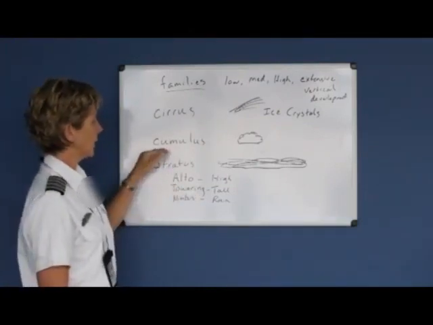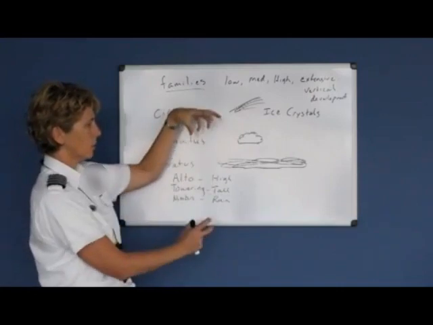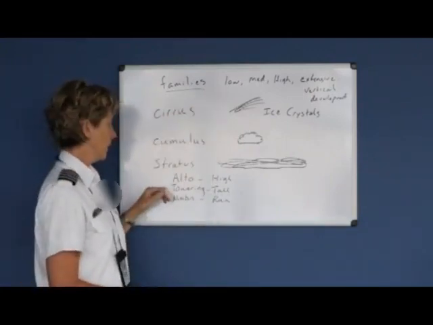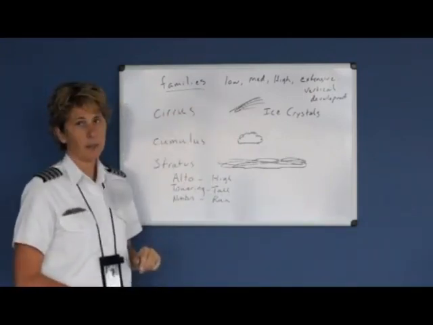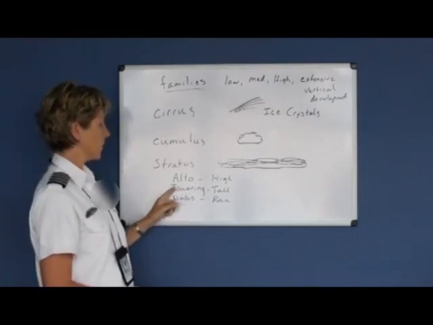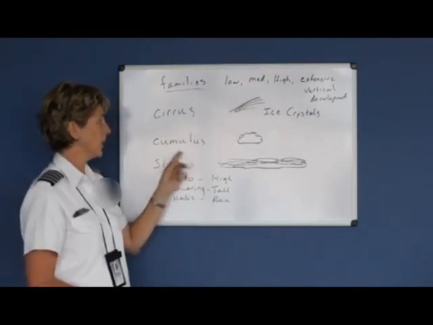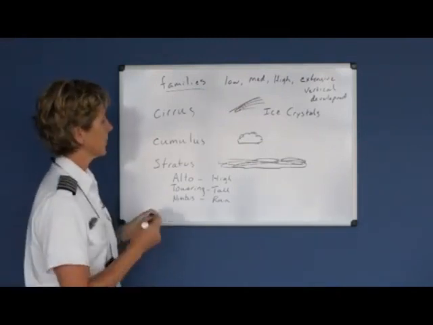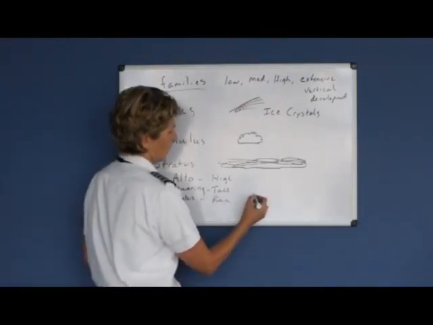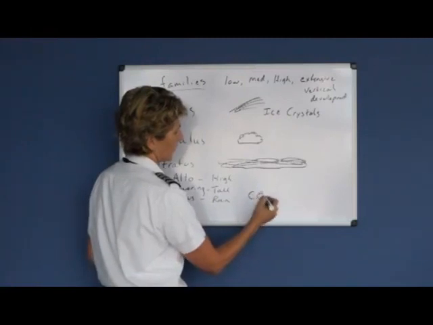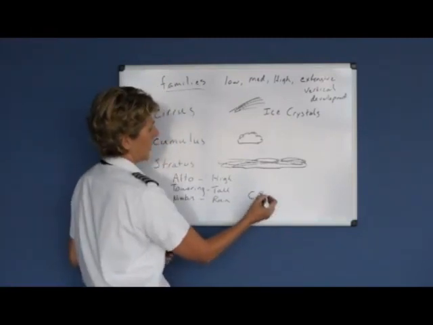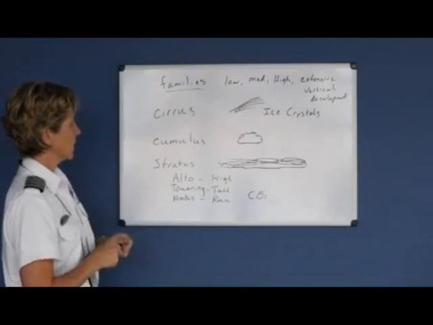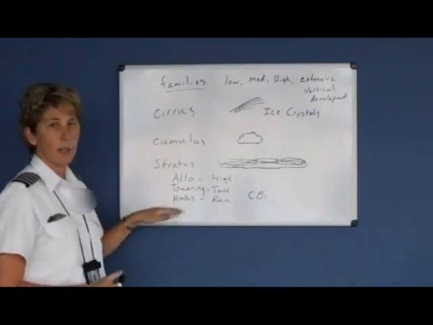Towering would be if you had a cumulus cloud and it started to build, they would call it a towering cumulus cloud. And if that cloud started to produce rain, then it would become a cumulonimbus cloud, known as our thunderstorms. CBs are how they abbreviate thunderstorms, because that actually stands for the cumulonimbus cloud.